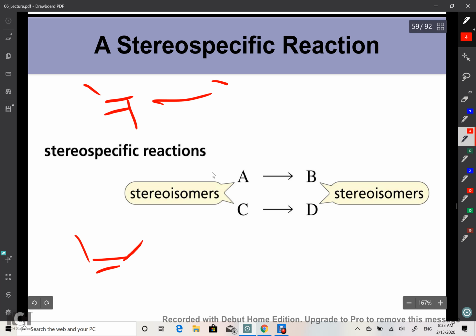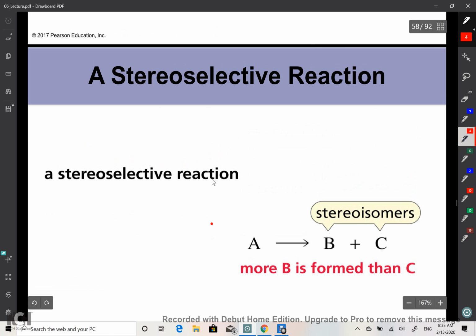The trans can only produce a specific type of stereoisomer, which the cis cannot. Does that make sense? Those are the reactions we refer to as stereospecific. The trans can only give you a specific type of product, maybe the R product. And then the cis can only give you a specific type of product, maybe the S product. Those are called stereospecific. So take note of the difference between the stereospecific and the stereoselective.